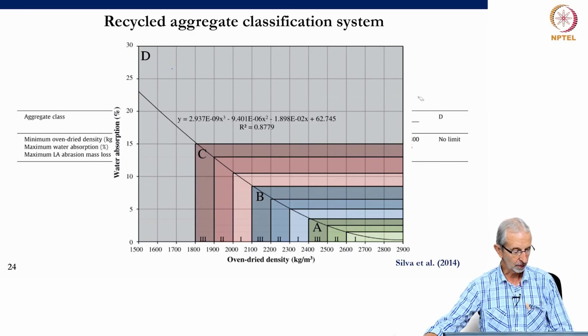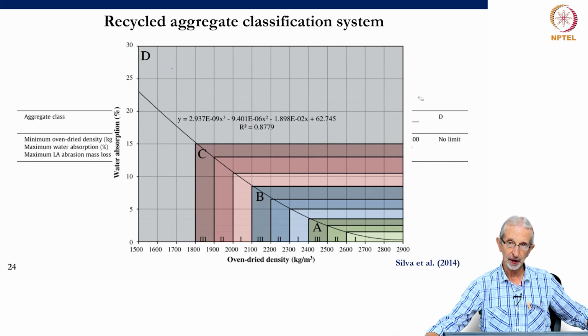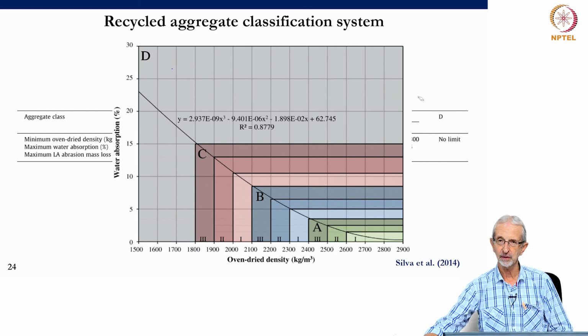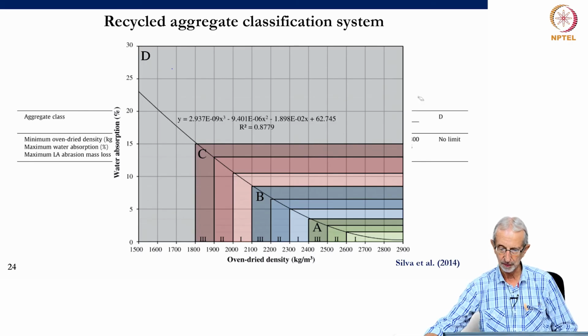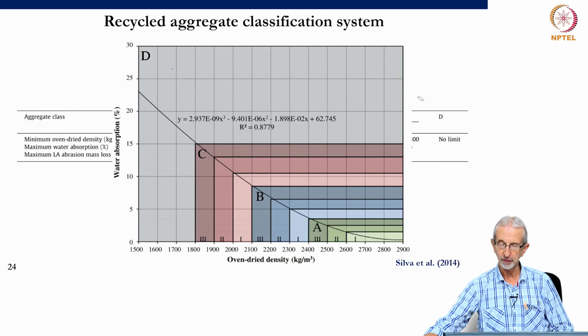So here is a way of looking at it. This diagram tends to be dominated by results from recycled coarse aggregate data, simply because that predominates in the literature at this stage. But as more data become available from fine aggregates, this could possibly be refined, but it is quite a useful way forward in terms of classification.